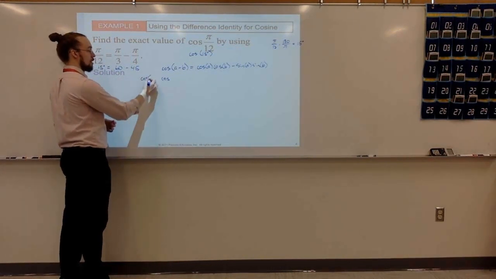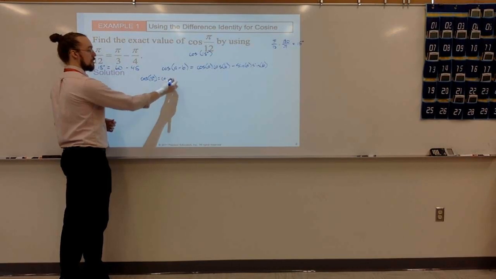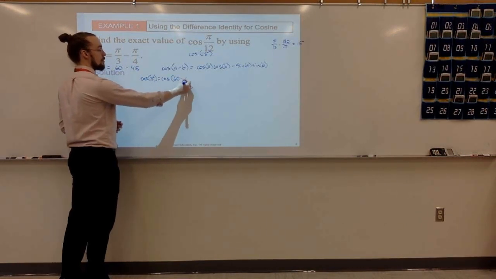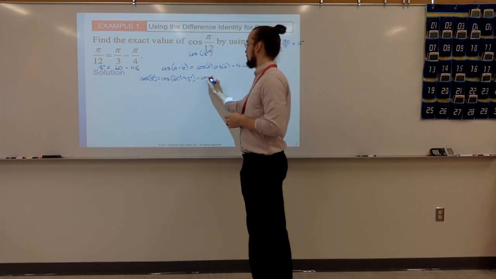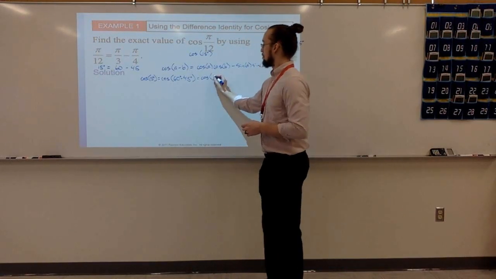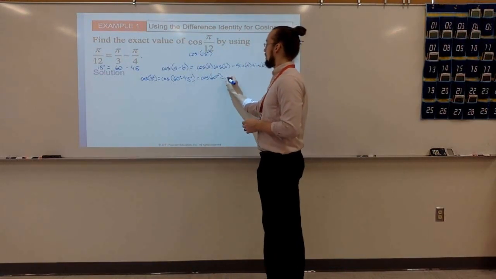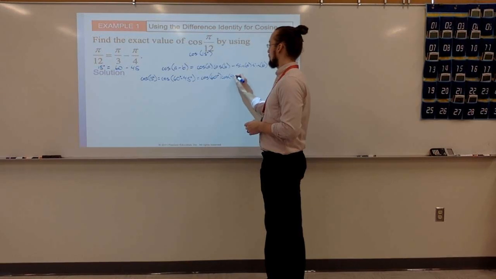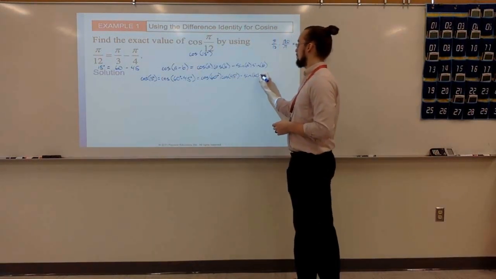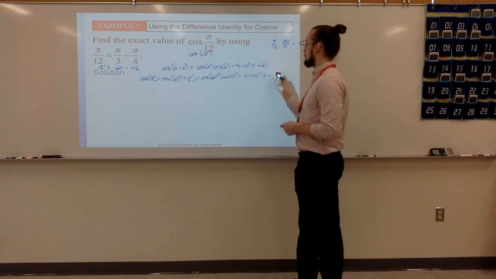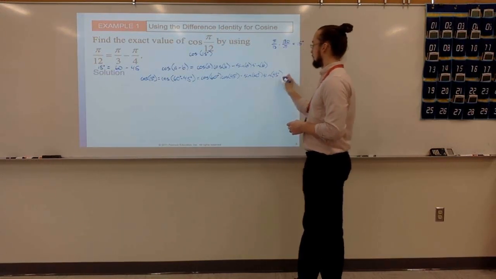So this is going to be cosine of 60 degrees times cosine of 45 degrees minus sine of 60 degrees times sine of 45 degrees.